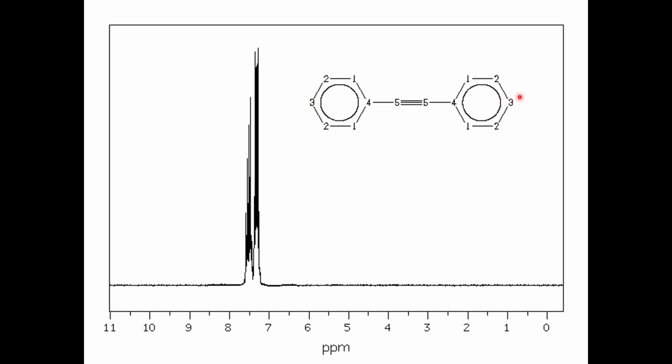However, because they're aromatic rings, the peaks tend to mash up with each other, so you get this really big mess here. But it's fine. Looking at this, we can clearly see that we only really get an area that is representative of aromatics. And because our molecule only has hydrogens on aromatics, we can be sure that this is our diphenylacetylene, or this tells us that we have purified our diphenylacetylene.